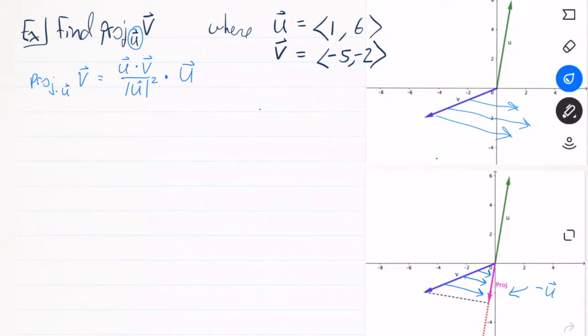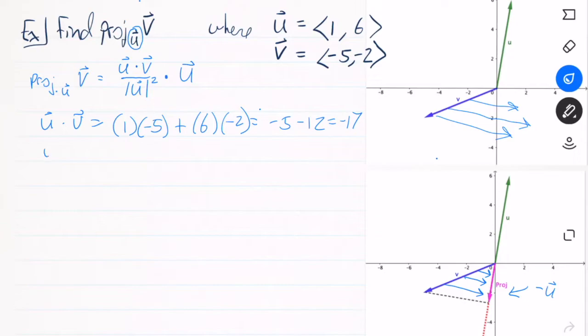All right, so we need to find u dot v to start this formula off. And u dot v is going to be 1 times -5 plus the components in the second position multiplied together, 6 times -2. This will give you a grand total of -5 minus 12, and that's for a grand total of -17.